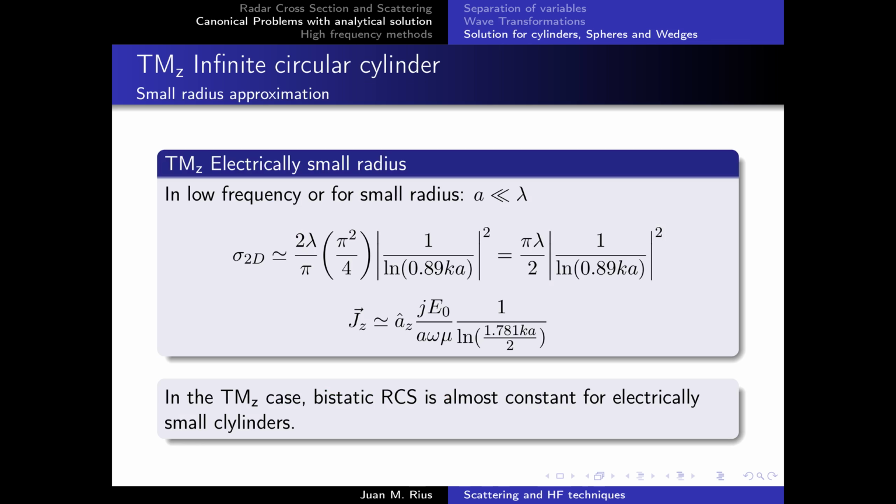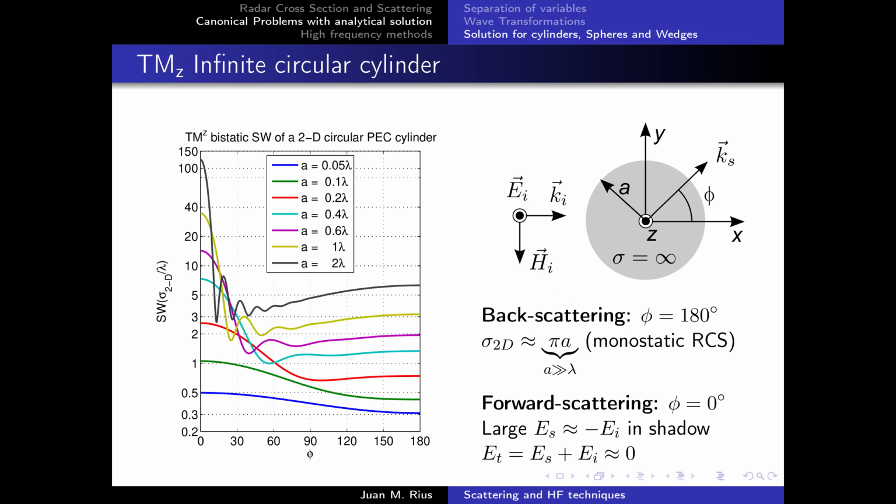We can see in the next slide that for radius much smaller than the wavelength, the small argument approximation of the Bessel functions gives this approximation for the RCS, and the RCS in the TM case for a small radius is almost constant in phi. So we can see here in blue color it is almost constant in phi.